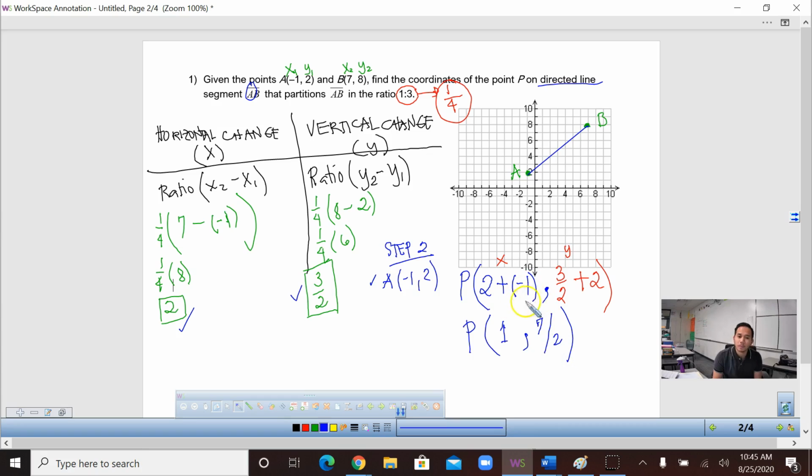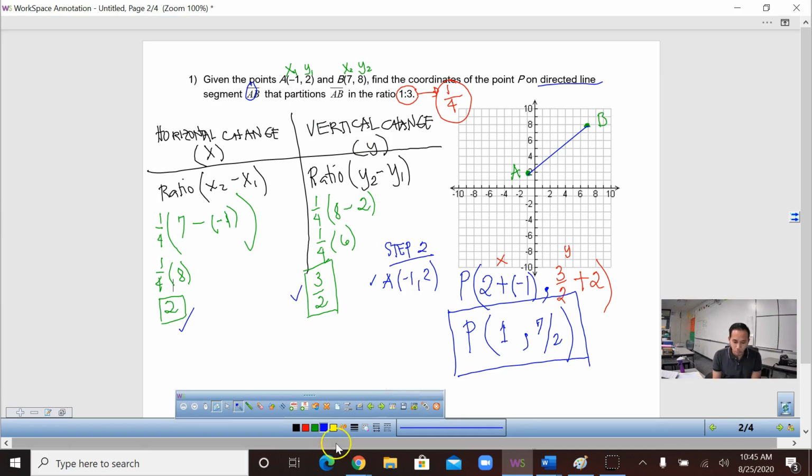I'll repeat, you have to add. I'm sorry for that confusion. Now this is your point P. Your point P partitioned your AB in a ratio of 1:3.